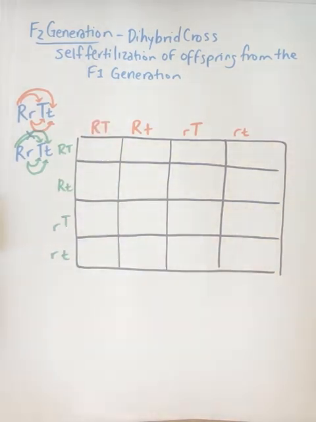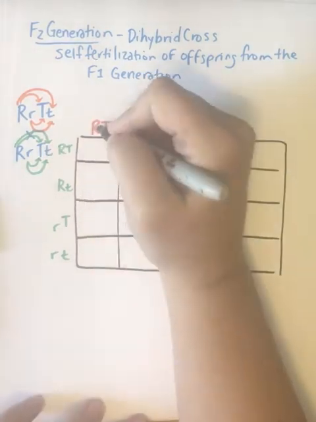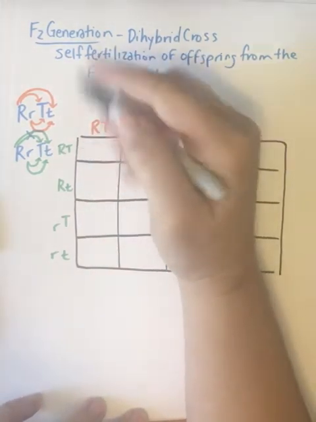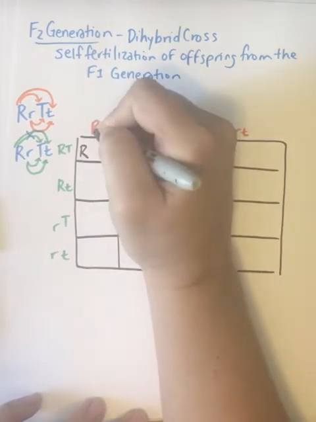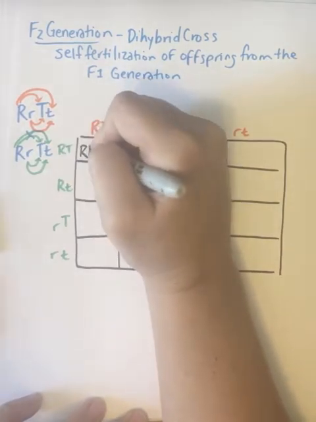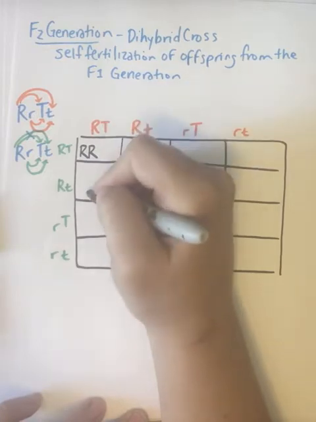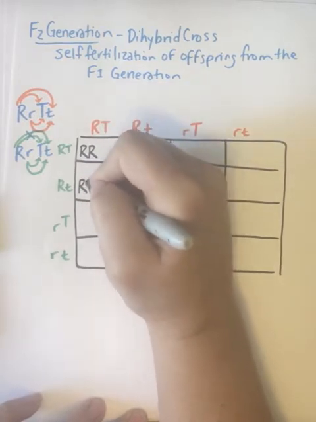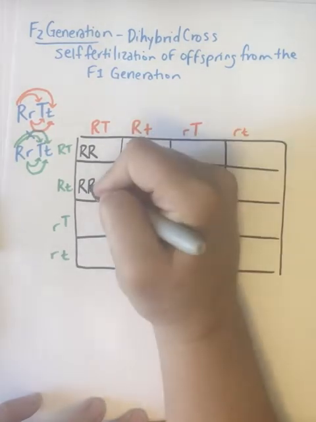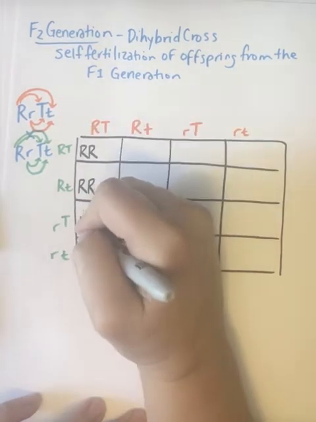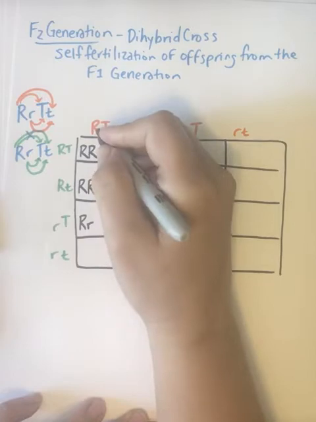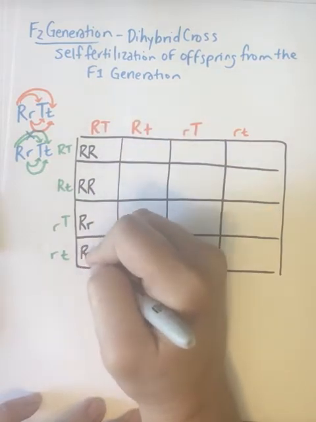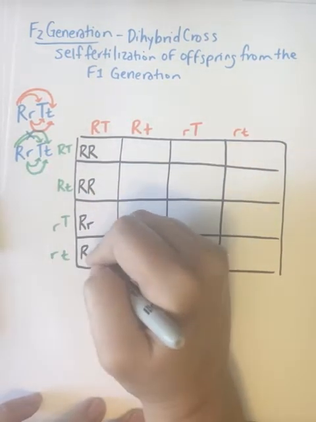So what I personally like to do is my R's and then I go and do my T's. So in this first square, you have one big R and a second big R. Then you come down. I like to do my R's first. A dominant big R, another dominant allele. Then you go to the next one, a big R, little r. Go to the next one, big R, little r.